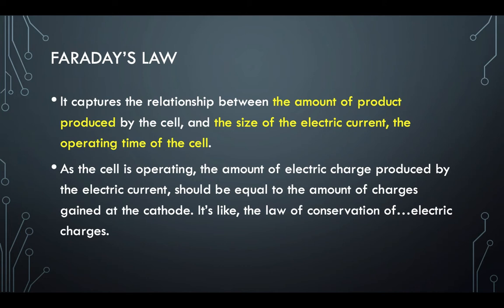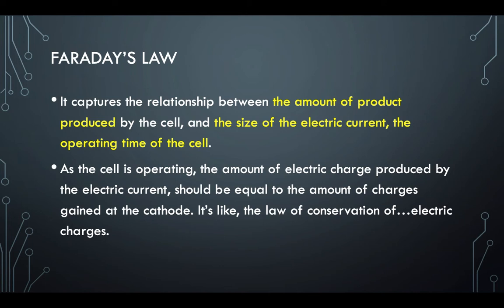So it's like a law of conservation of not mass, but electrical charges. The electric charge coming from the negative end of the power source shouldn't be lost or destroyed, and all of it ideally should arrive at the cathode, the negative end of the electrolytic cell, and be gained by the strongest oxidant there.